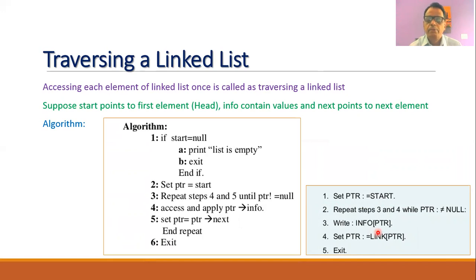That is, we will print the corresponding information value or data value of the element of the linked list. And then we will set the pointer equal to link pointer. That is, we will change the value of the pointer to the next element. And this loop will be executed until all the elements of the linked list are visited and we are printing, or writing, the data values on the screen.